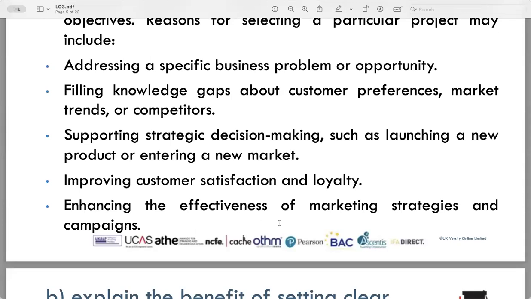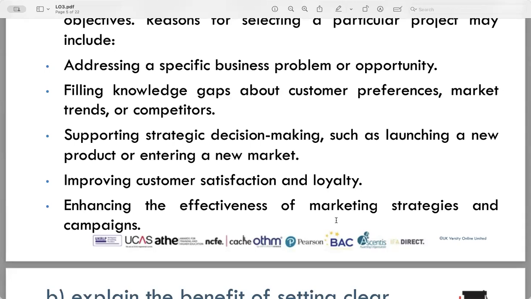Then, enhancing the effectiveness of marketing strategies and campaigns. Market research supports the enhancement of marketing strategies and campaigns by evaluating the effectiveness of current marketing efforts and identifying areas of improvement. Organizations can optimize their campaigns to achieve better results.